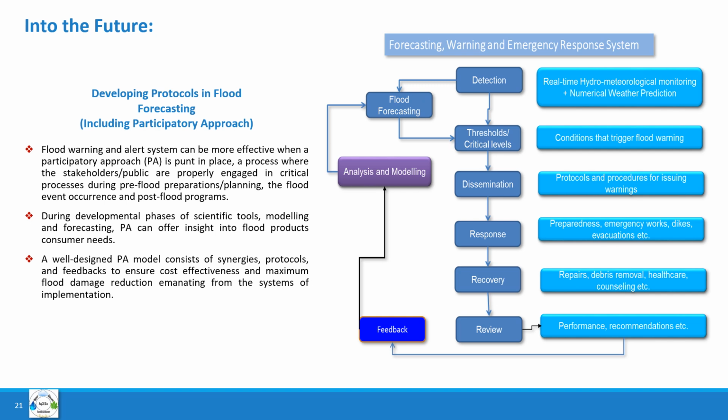As well, during developmental phases of scientific tools, modeling and forecasting, PA can offer insight into flood products' consumer needs. At the minimum, a well-designed PA model consists of synergies, protocols, and feedbacks to ensure cost effectiveness and maximum flood damage reduction emanating from the system's implementation.